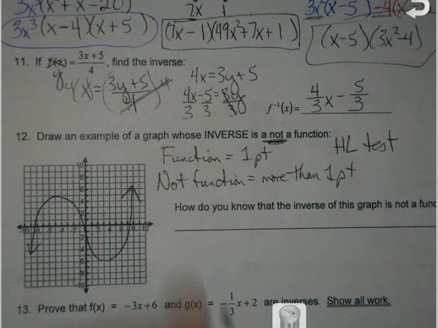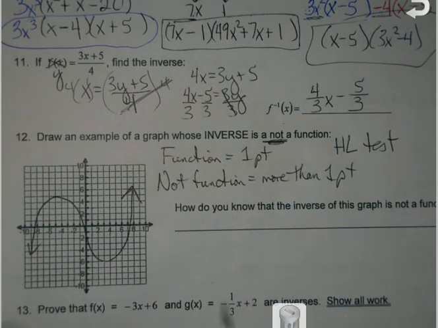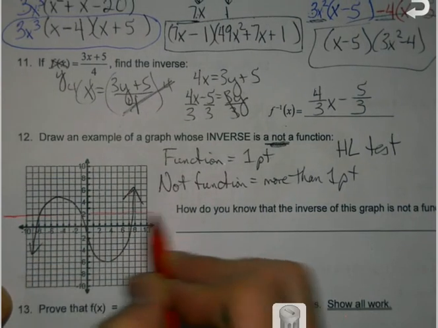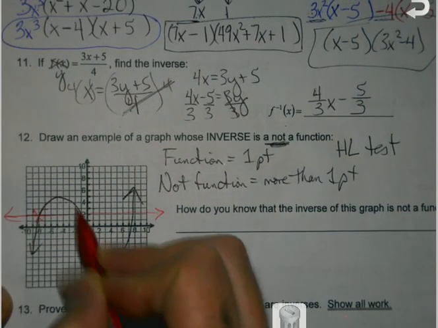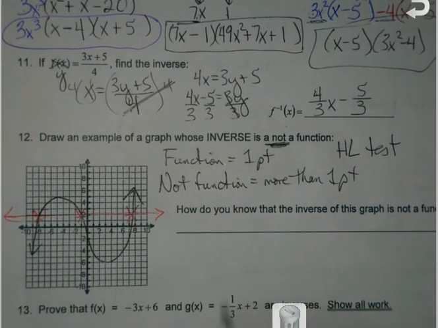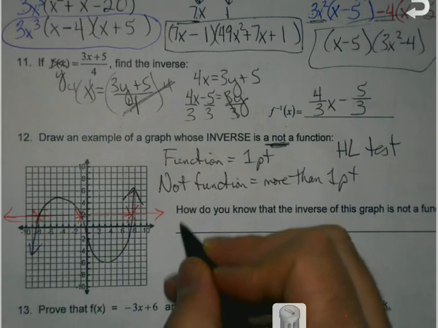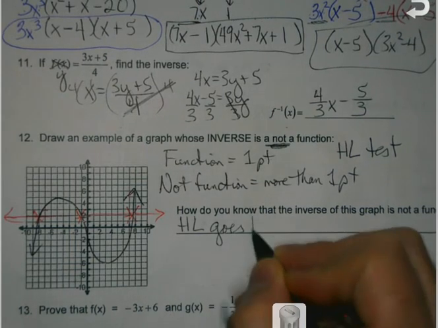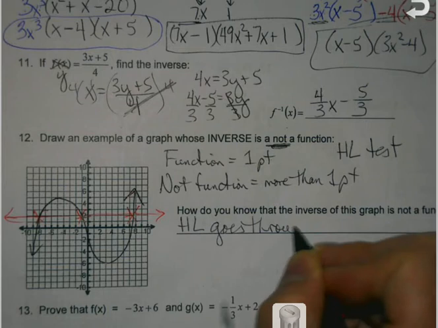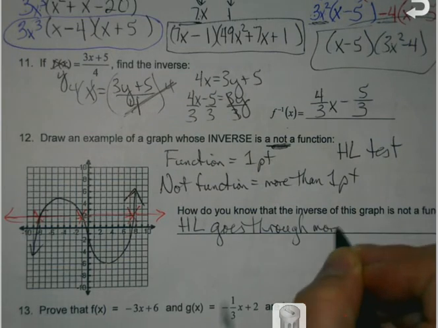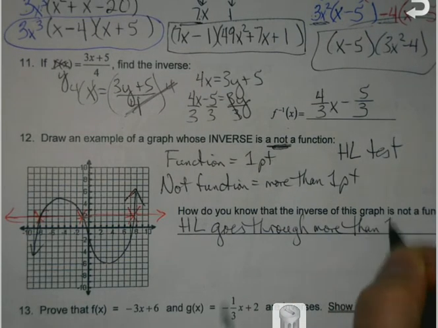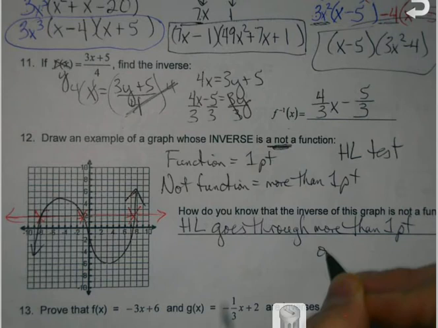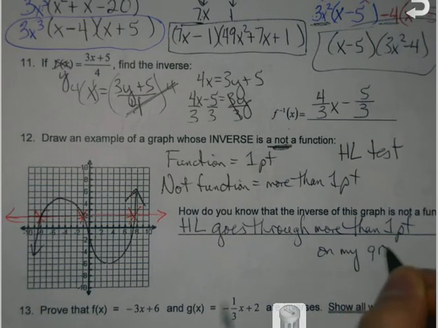And then it goes. How do I know that the inverse of this graph is not a function? Depending on what picture you drew, a horizontal line goes through more than one point on my graph.